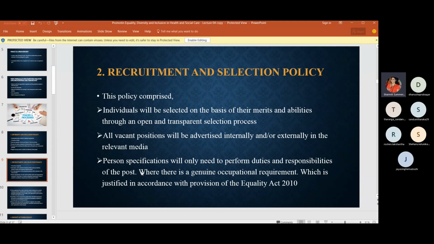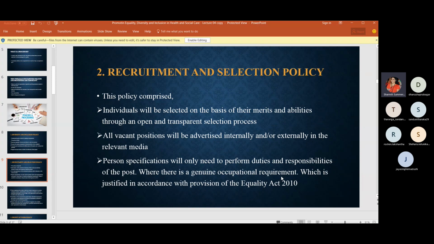So with that information they can neglect a person, or if they have any personal vengeance in the particular institution, they can neglect the particular person, although he or she has good ability and is suited for the particular job. The reason for the person specification is only for requiring the person, whether they are very suitable or not. But sometimes they misuse that also.